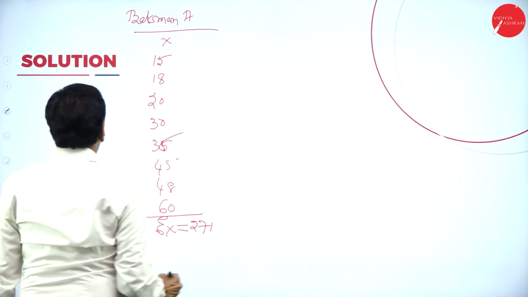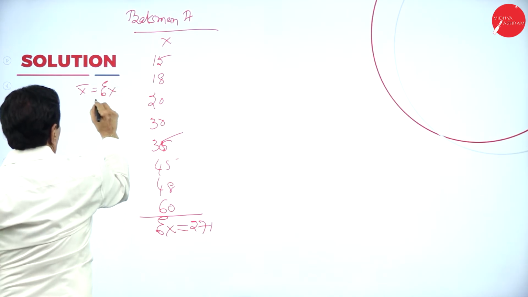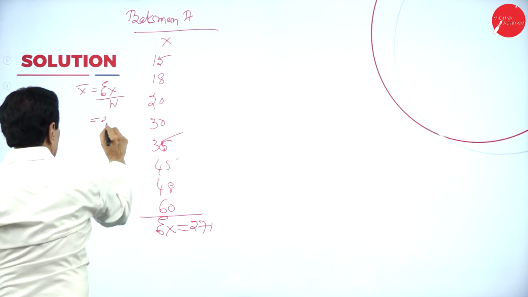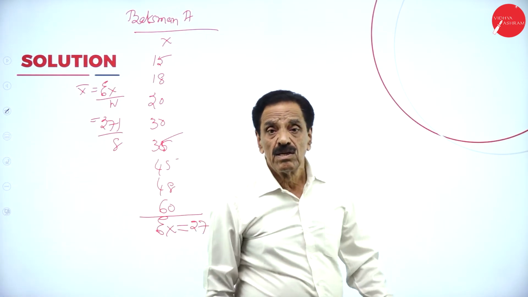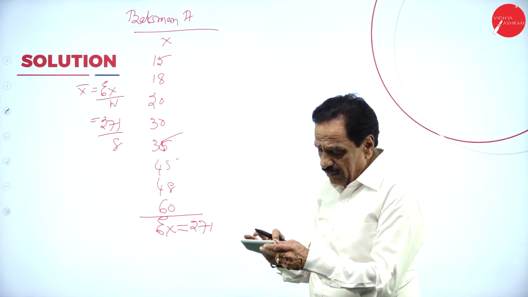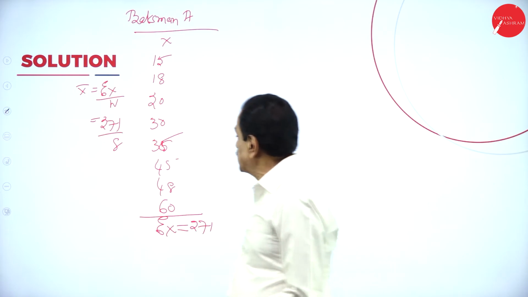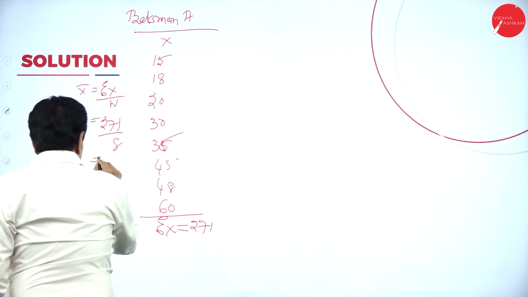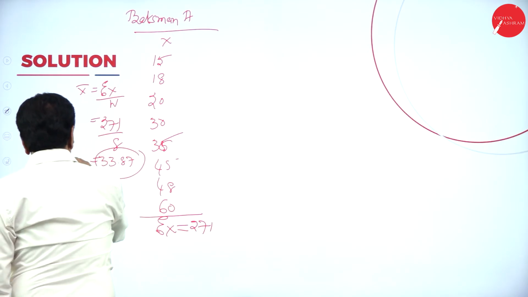Then mean is equal to sigma X over N, which is 271 divided by 8. That is 33.87, the mean.